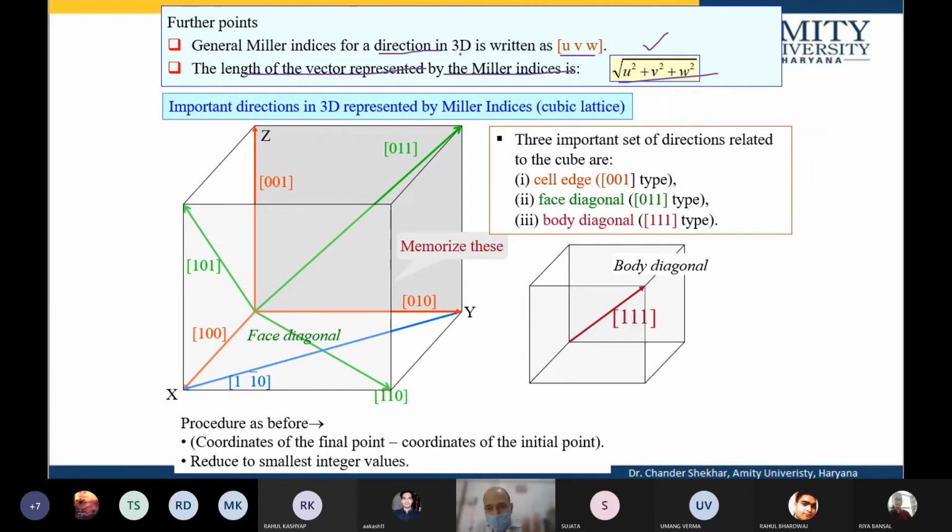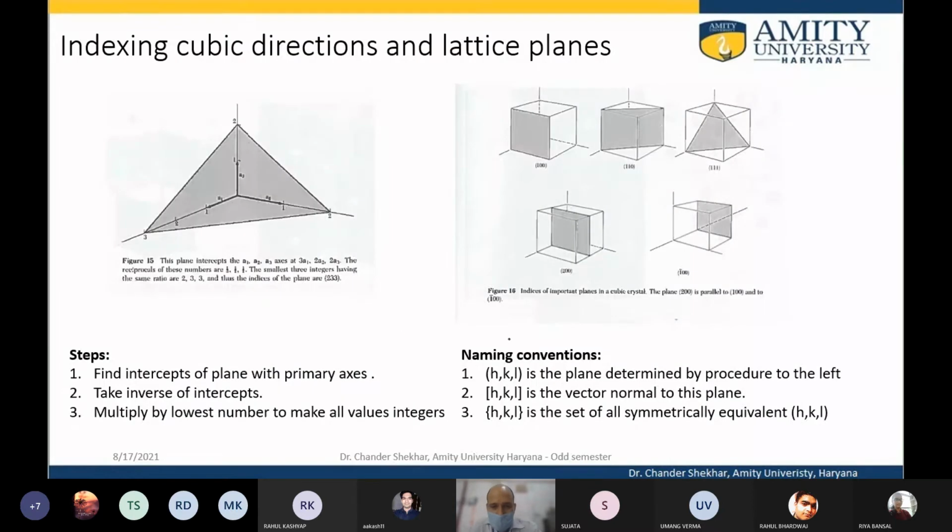We need to remember there are certain notations. How do you write the square bracket? Then we have the common bracket. For this, there is a naming convention. Normal brackets represent the plane. Okay, so it represents the plane.